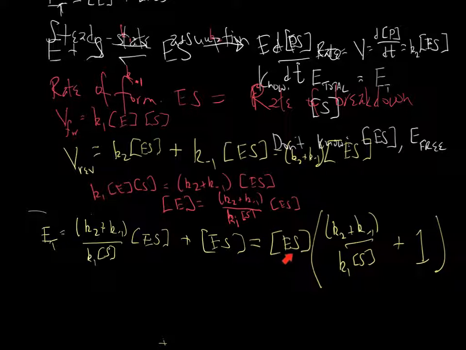That's really important, because if we go all the way back to the beginning, remember we're trying to find ES. We now found it. So I'm just going to rewrite it. To find ES, we just divide both sides by everything that's in that parentheses, all those K's and the 1.